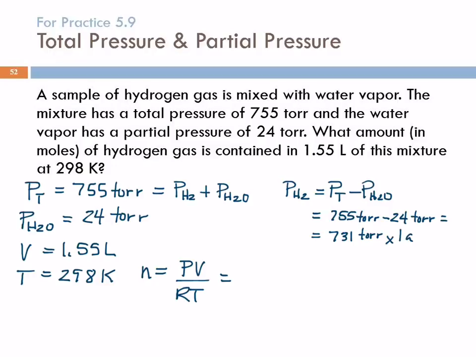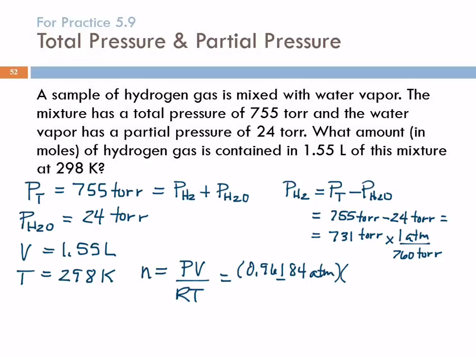And I convert to atmospheres. So 731 divided by 760. I'm going to just write it in over here. 0.96184 atmospheres.